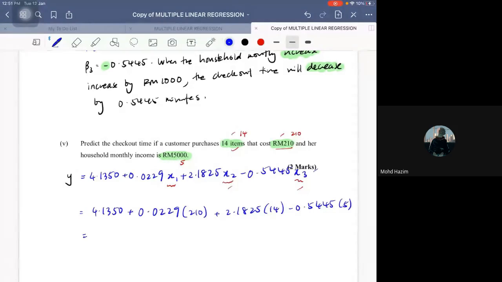So what's the value? The value is 36.7765.